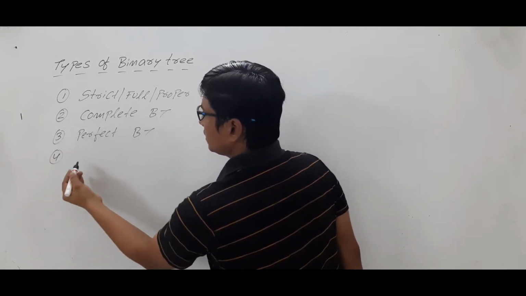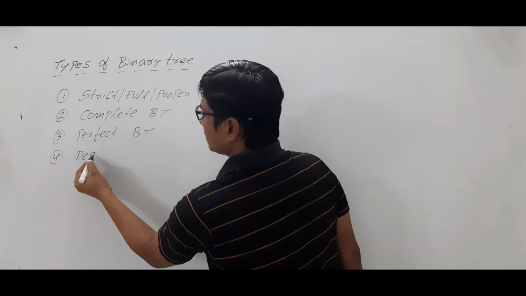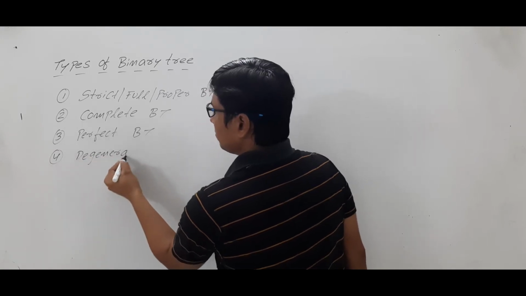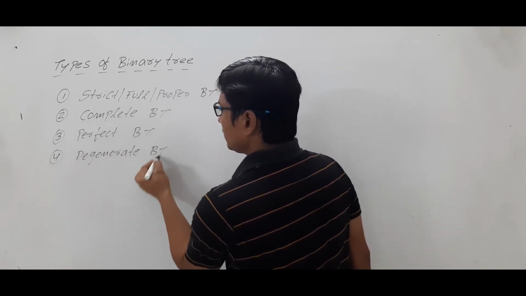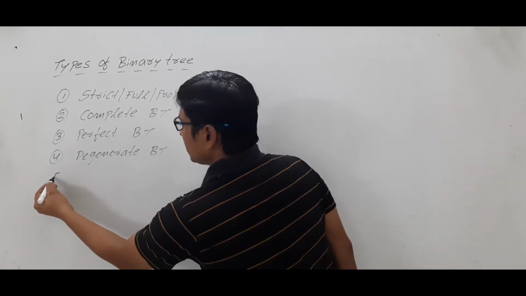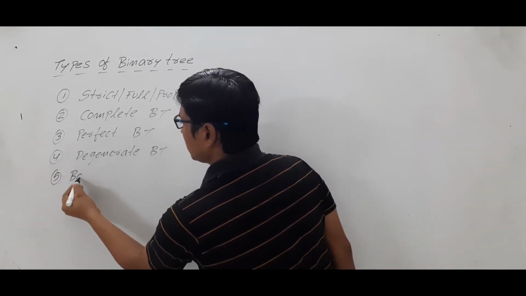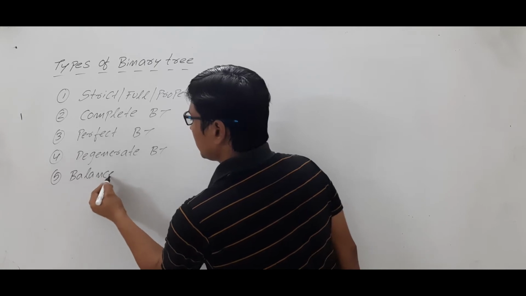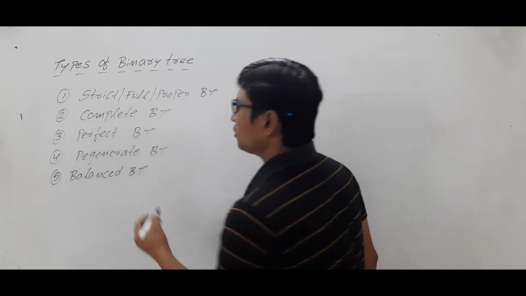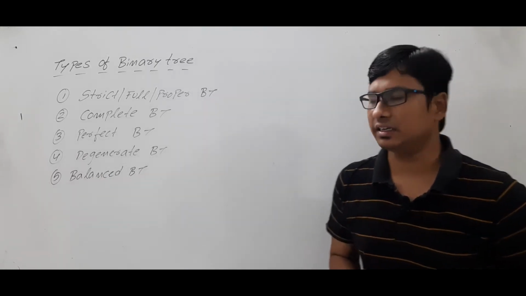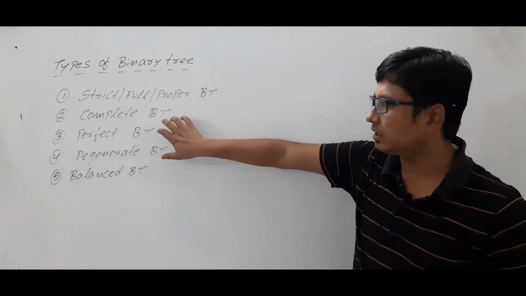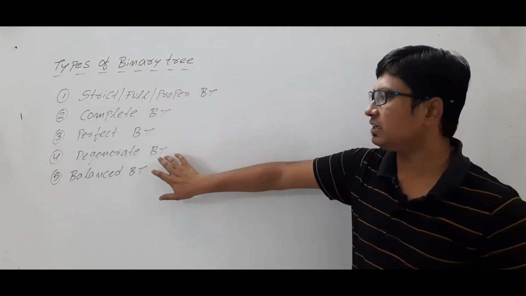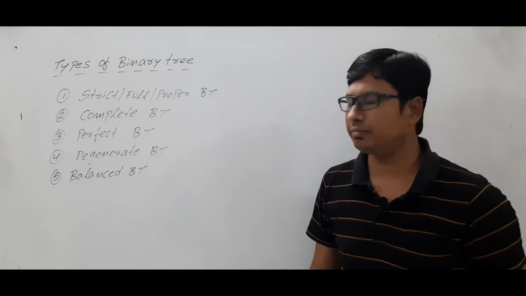It can be a degenerate binary tree, and it can be a balanced binary tree. So these are the 5 types of binary trees. Now each one we will discuss in detail. We have strict binary tree, complete binary tree, perfect, degenerate, and balanced binary tree.